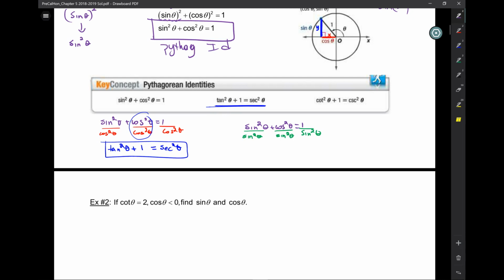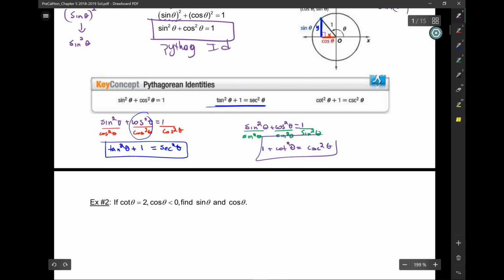Okay. So this, sine squared over sine squared, what is that going to give us? 1. Plus, what's cosine over sine? Cotangent. So cosine squared over sine squared? Cotangent squared. Equals 1 over sine squared theta, cosecant squared theta.